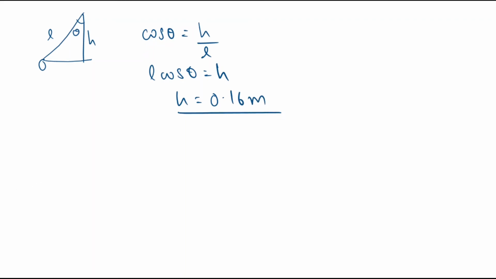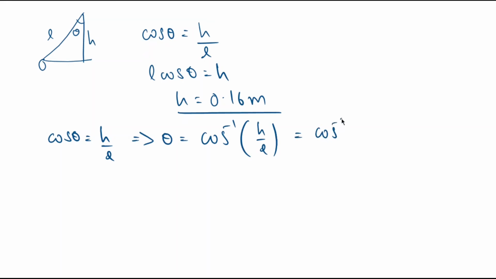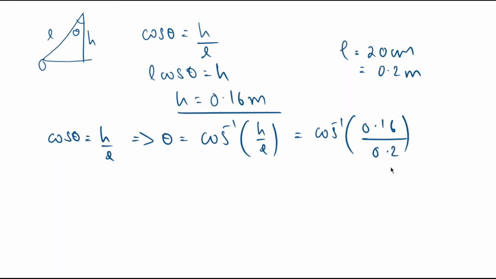Now once we have got cos theta, which is h upon L, theta will be cos inverse of h upon L, that is cos inverse of 0.16 upon L, and L was 20 centimeter, which can be written as 0.2 meters. So 0.2. Calculating this, we get theta equal to 36.87 degrees.